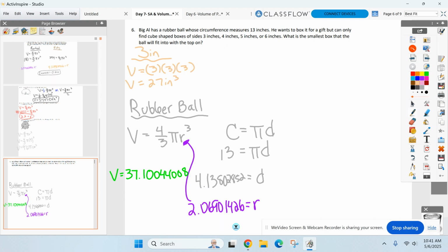Well, my ball's a little bit bigger than that. Takes up more space than that. Next up, 4-inch. 64 cubic inches. Yes, we're going to fit in there. There we go, 4-inch.